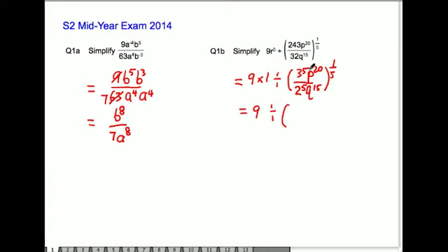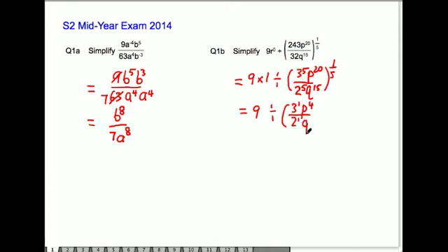Next, we multiply the inner power by the outer power, 5 times 1/5 to give you 1. Similarly, in the denominator, 2 to the power of 5, 5 times 1/5 is 1. And p to the power of 20, 20 times 1/5 is p to the power of 4.